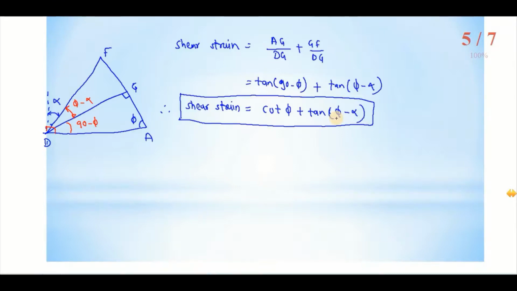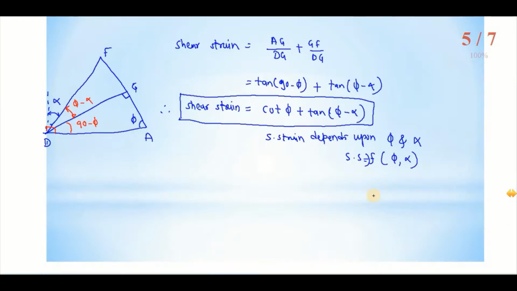So now this shear strain depends upon the shear plane angle and back rake angle. So this shear strain is a function of phi and alpha, that is shear plane angle and back rake angle.